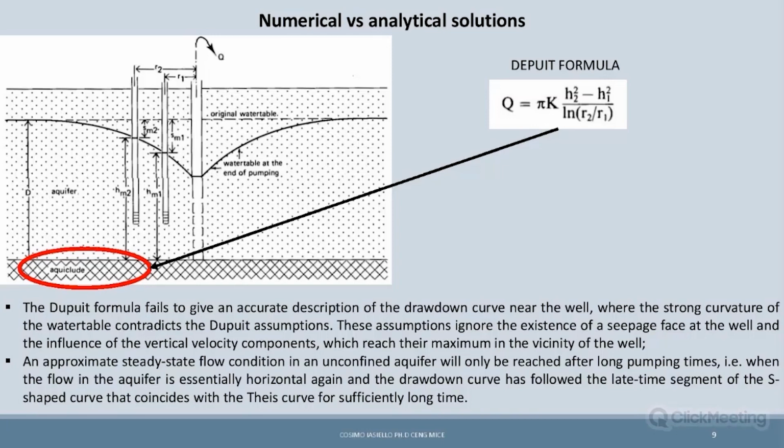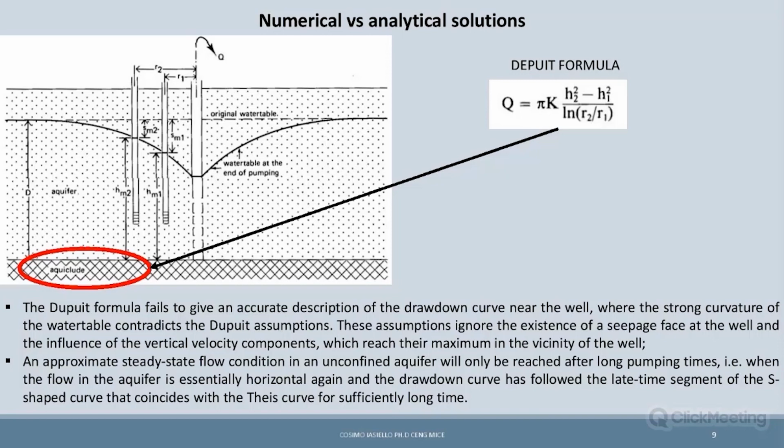Regarding the analytical solution, the most important formula is the Dupuit formula, about the pressurization cone around the radial excavation or radial well, with some limitations. These are always analytical solutions, so they start from assumptions that are in some cases very strong.